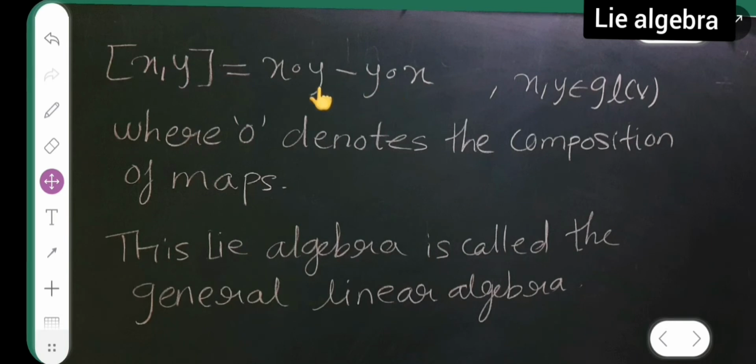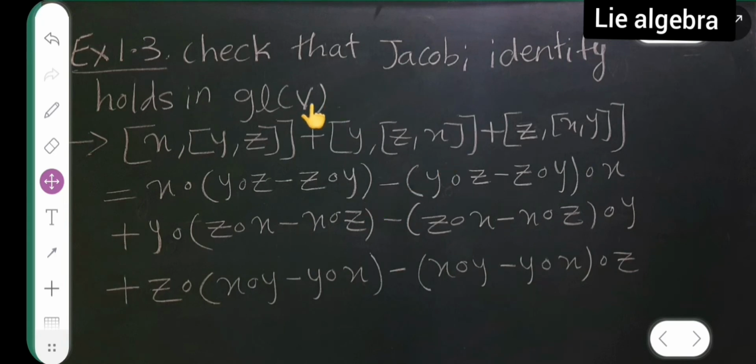This Lie algebra is called the general linear Lie algebra. This definition is very important to solve the problem.